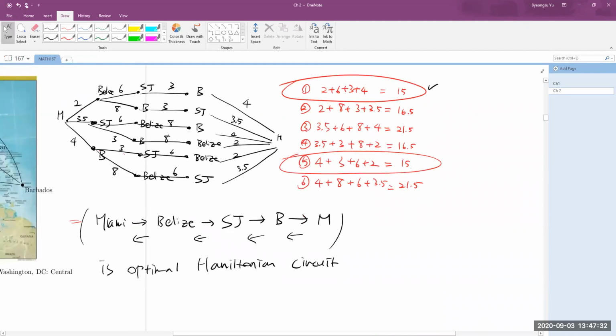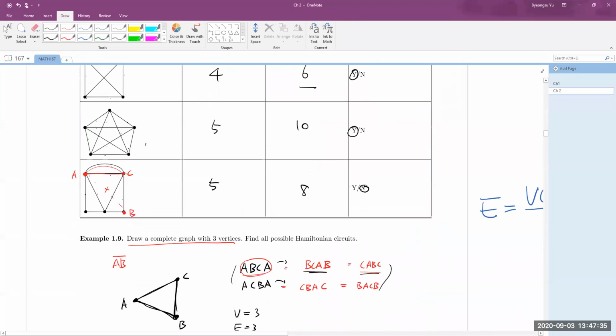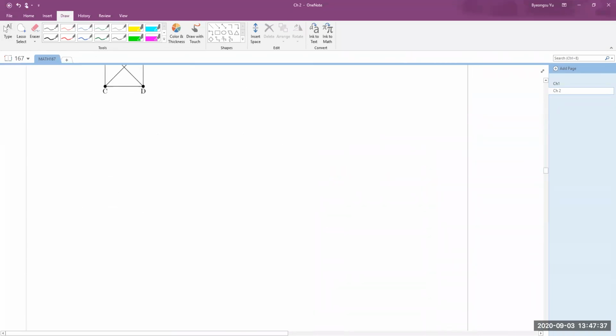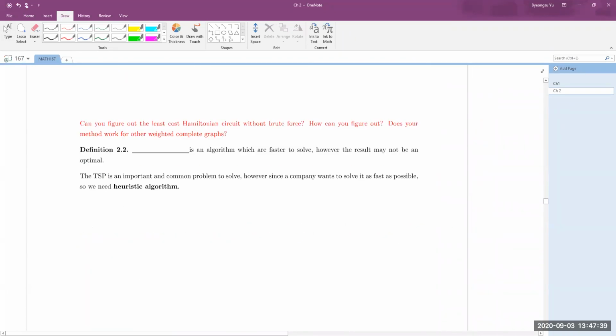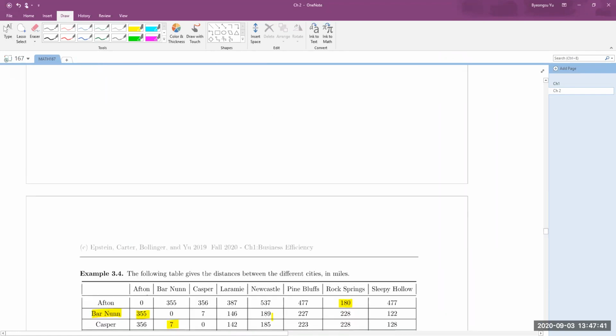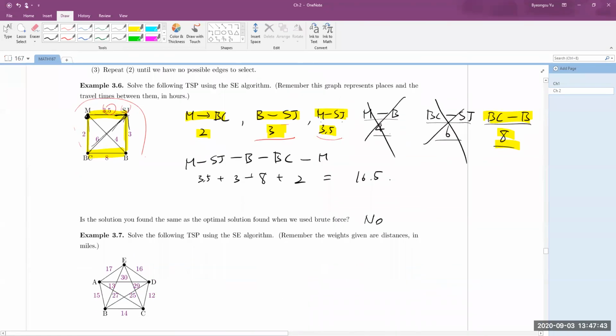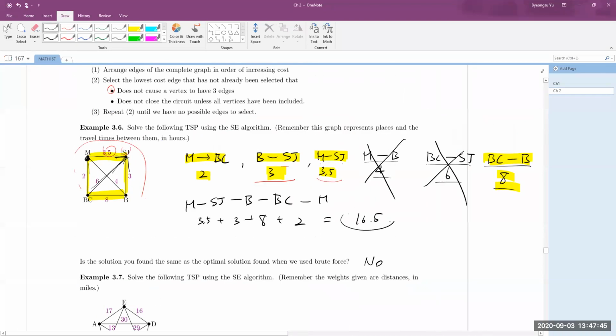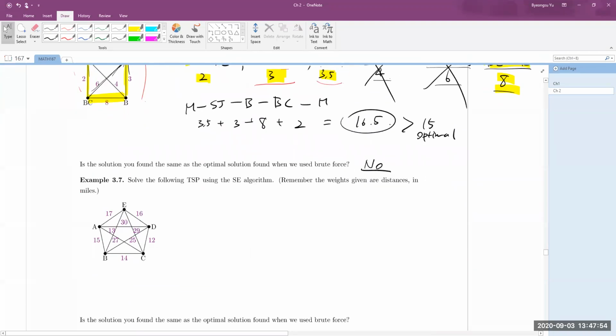But in the sorted edge algorithm, what we have is 16.5 hours. So it is definitely greater than 15 hours, which is our optimal solution. So its solution may not be optimal, right?